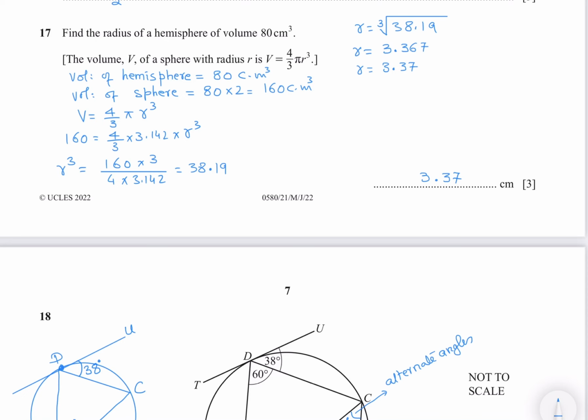This is 160 cubic centimeters. Now I put these values in the given formula. I wrote 160 under volume, and we have to find the radius. So keep r power 3 as the subject, then cube root it. You will get the radius 3.37.